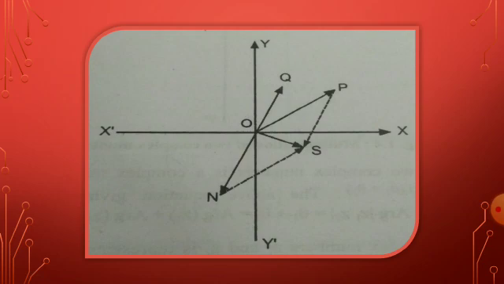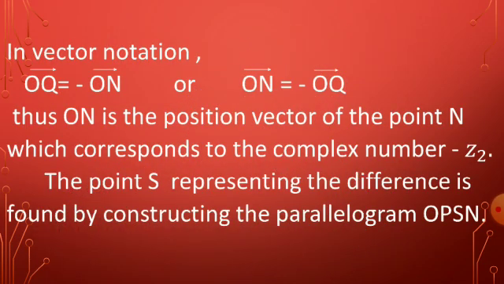Now in figure, the line QO is produced such that the length ON is equal to length OQ, but in vector notation, vector OQ is equal to minus vector ON, or ON is equal to minus OQ.